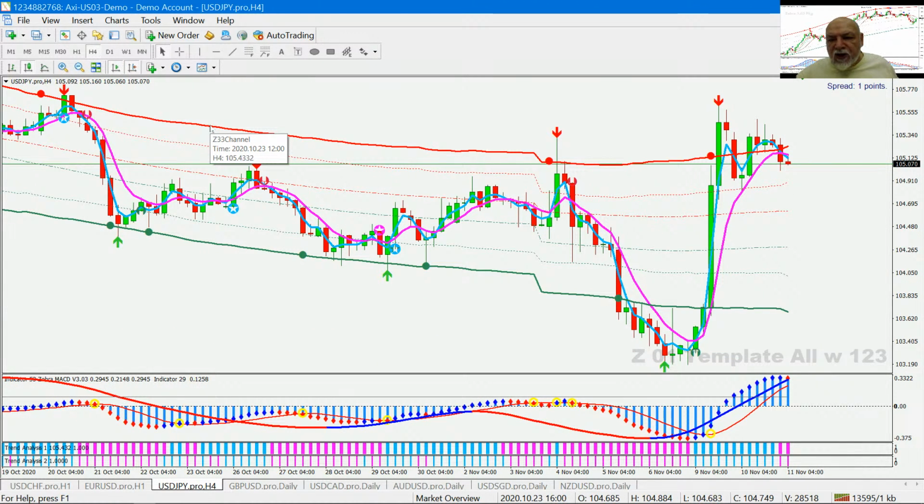In the 4-hour chart, we're trading in the upper band. And things look like on the 4-hour they want to start to roll over and come down, okay, on the 4-hour time period. So what do we have here? We still have the momentum of the longer term trend showing up. That's the blue line. We do have a drop in the MACD, but not a drop below the signal line.